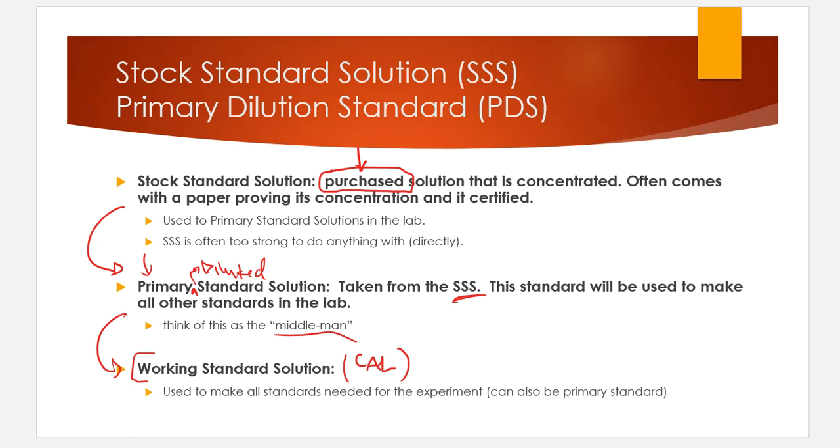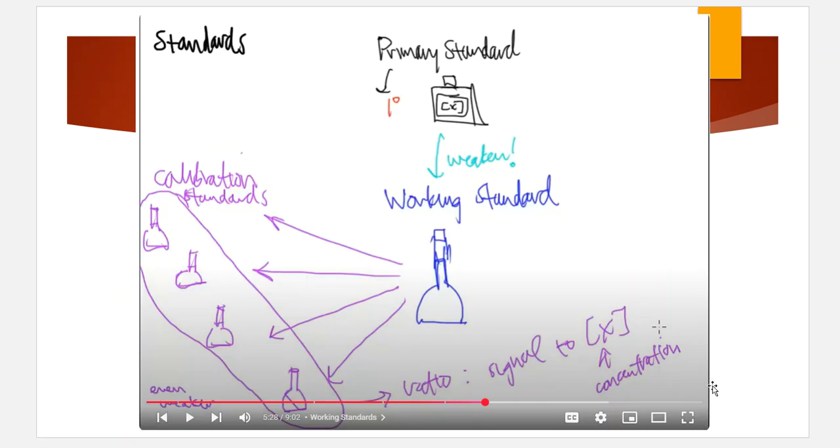All right. Again, if I had to sum it up in a different way, we get a standard that is ordered and the standard we dilute, and that primary standard now, the diluted standard, is what's on our shelf. We make this weaker, and that weaker one could maybe make a working standard that we can then make all of our standards from.